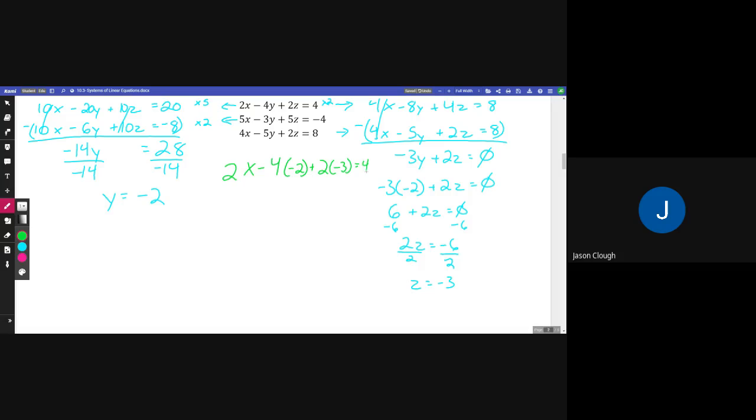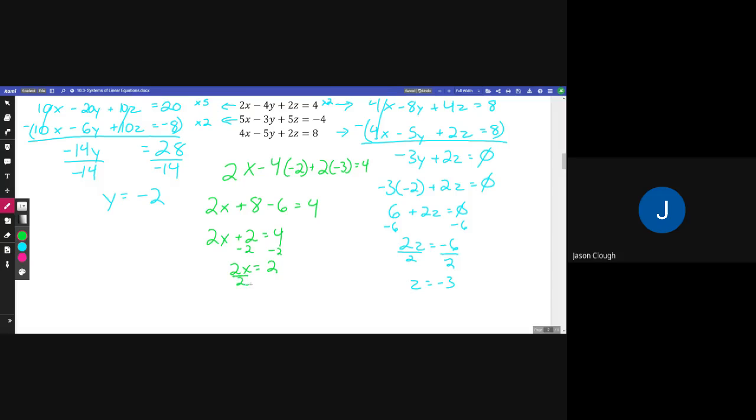So I just plug in what I got before. So I get 2x minus, well, negative 4 times negative 2 gets me a positive 8. 2 times negative 3 is negative 6. That's going to equal 4. 8 minus 6 is 2. Subtract the 2 over, and I get 2x equals 2.